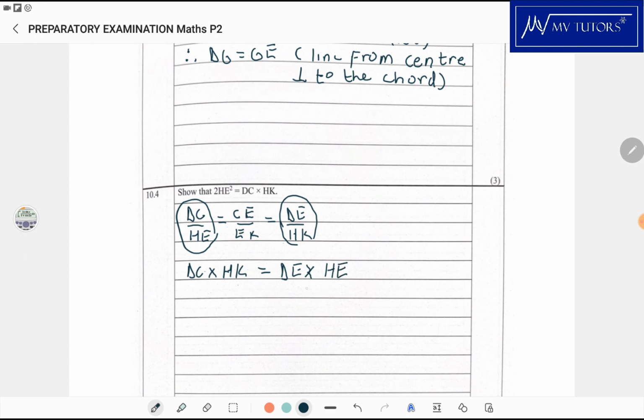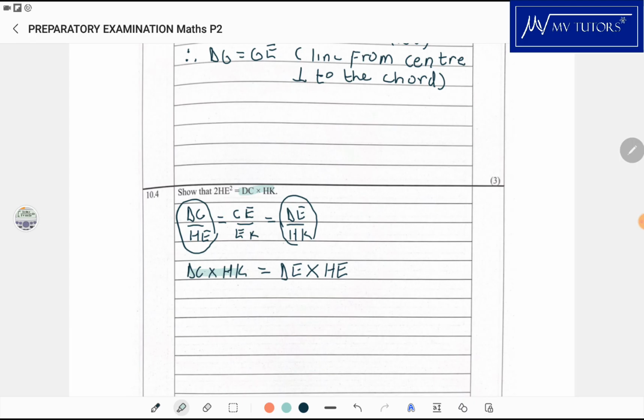Okay, from there, what can we do? I already have the first portion, which is DC times HK. If you look here, this portion is exactly the same, which means I need to manipulate the other side.